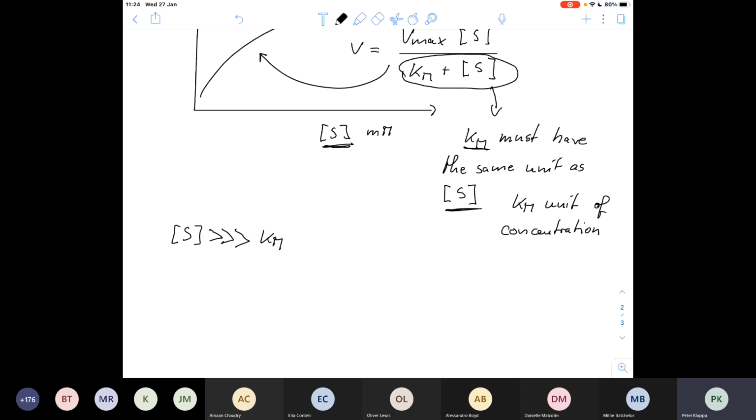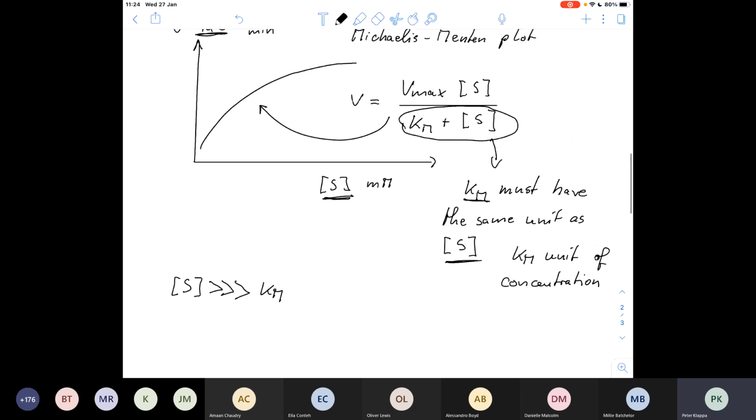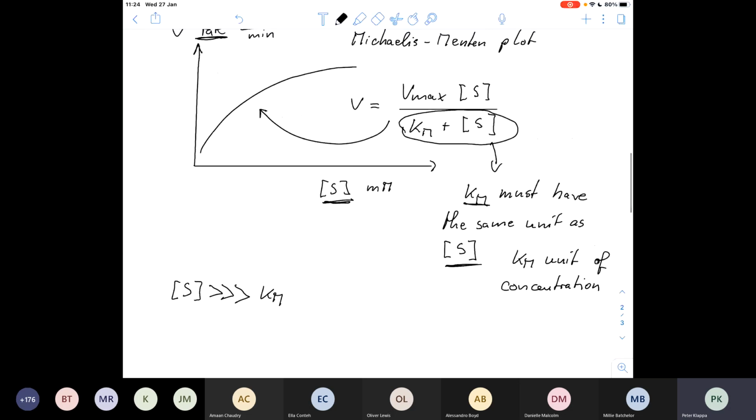And this is also how this equation was derived, because one of the people who discovered it was a physical chemist who looked at how a compound adheres to a surface. So that is where this comes from.